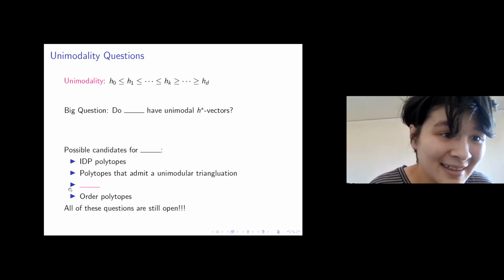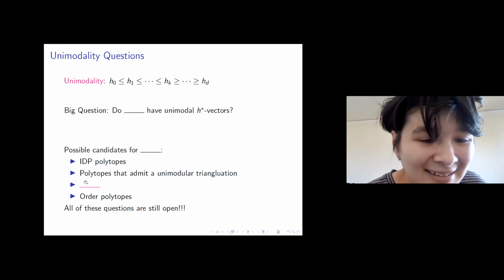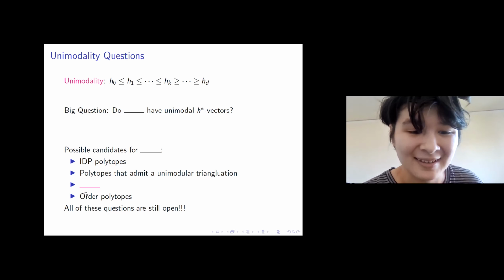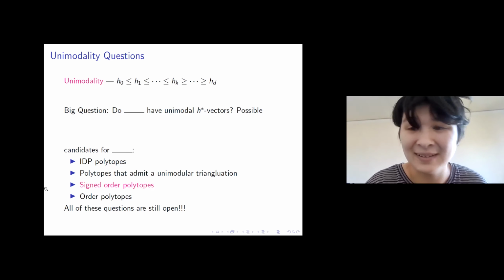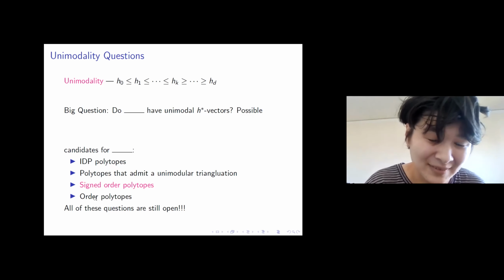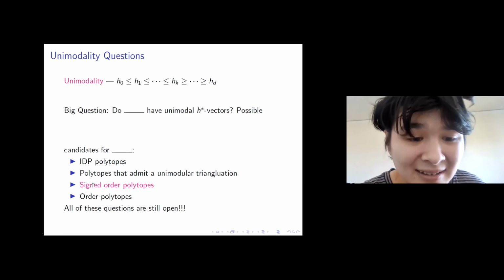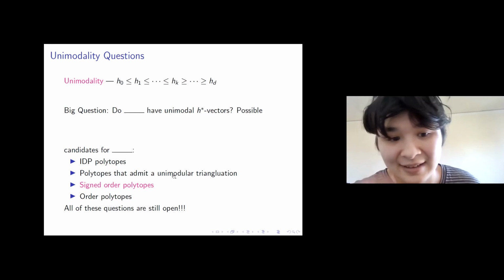So you can see that I put a pink blank here. And this pink blank, you may guess, is where I'm going to insert signed order polytopes. Signed order polytopes encompass order polytopes and also admit a unimodular triangulation.